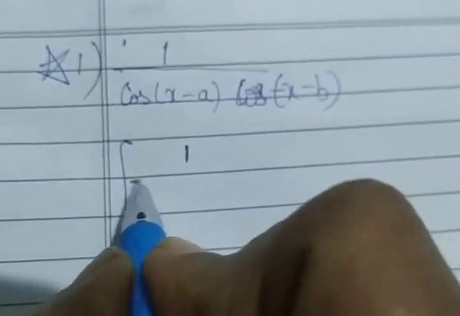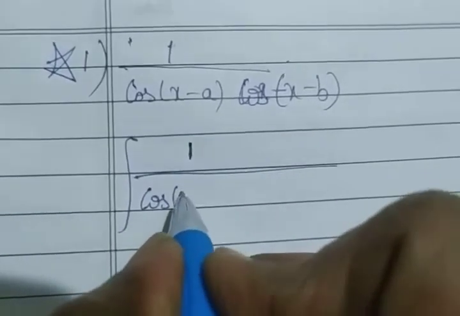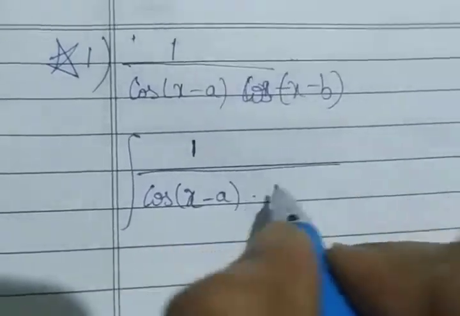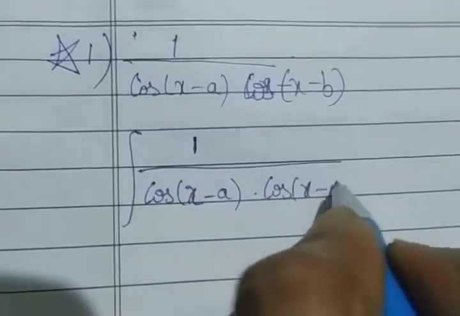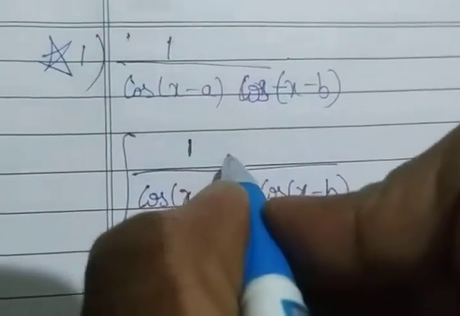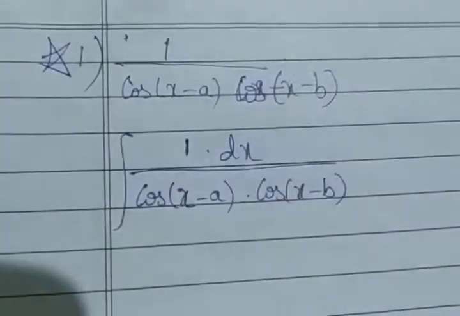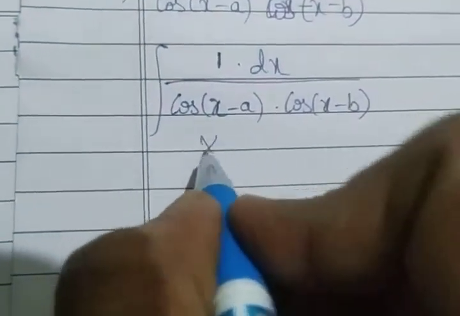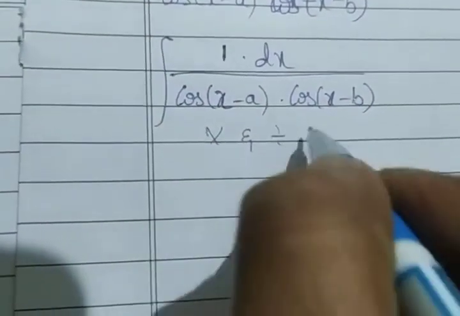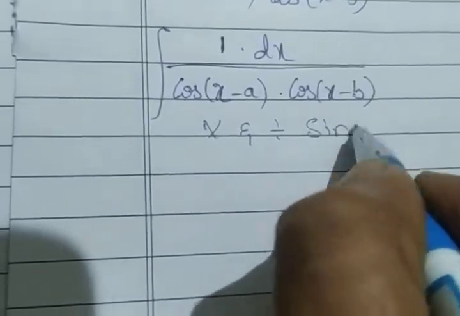The integral of 1 by cos x minus a into cos x minus b into dx. So multiply and divide by sin a minus b.